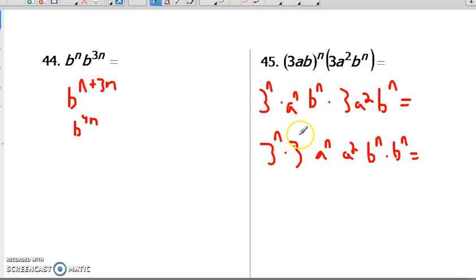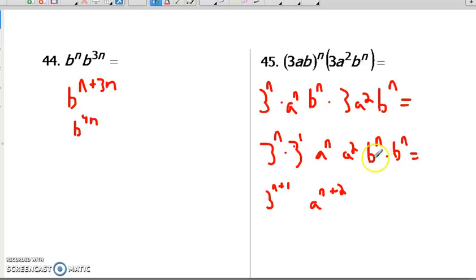For those of y'all who want to sound really cool, talk about your 3 being raised to the first power. So if I have a number here raised to the first power, so 3 times 3 to the nth power times 3 to the first power, I add my exponents. 3 to the n plus 1. Over here, I have a to the nth power times a squared. Same bases, product of a power rule, add your exponents. So a to the n plus 2.